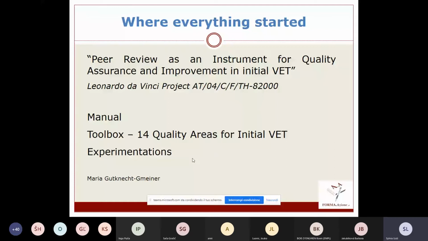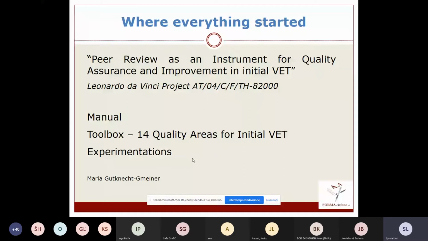Until one of the probably most important tools, in my opinion, which in this case of initial VET are the 14 quality areas, a detailed reference document, let's say, very specific for the educational domain, in this case vocational education and training, indicating criteria, indicators, and the evidence to collect.